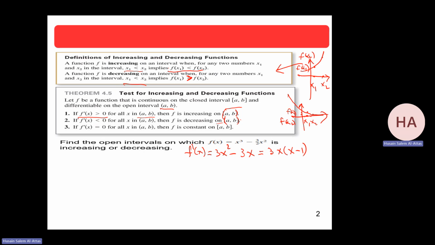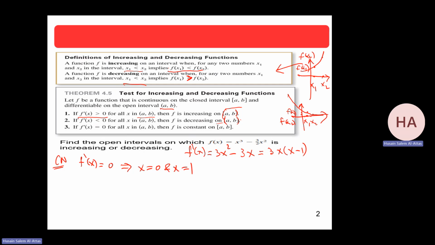That will help me to check the intervals where f is decreasing. I need to find the critical numbers. So in this case, I need f prime equal to 0 because the function is differentiable everywhere. So that means x equals 0 and x equals 1.